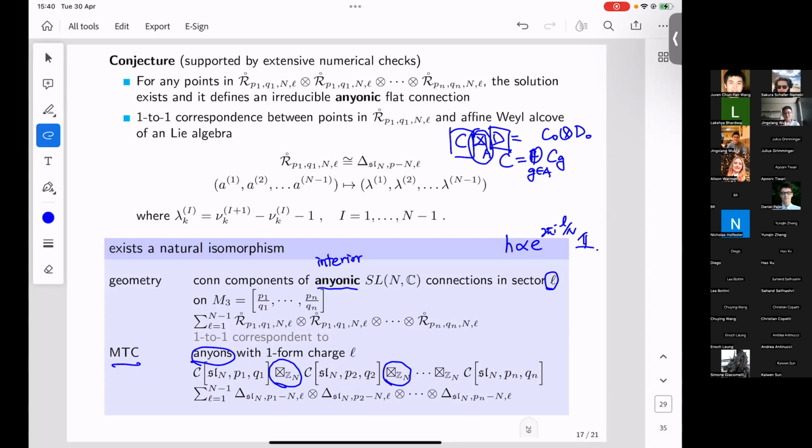Does the anomaly have a geometric meaning? That's a very good question. You can get it from the B cup B anomaly, from reducing this putative 6D theory that we haven't really talked about on this M3, and then that will generate exactly this coupling.